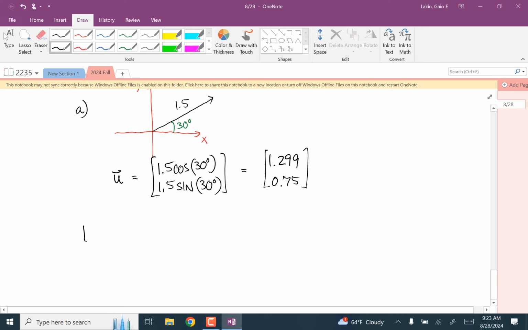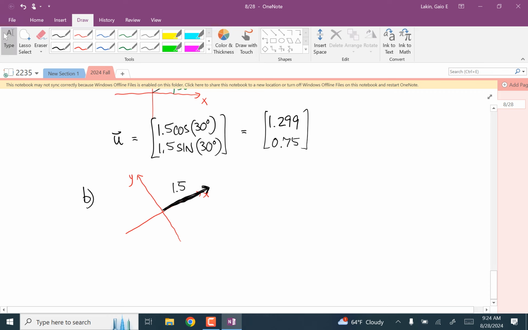And then for part B, now we have our coordinate system like this. Our vector just goes straight along the positive x-axis. So of course you can first just eyeball that and say that's 1.5 in the positive x direction and nothing else. But this cosine sine thing still works.